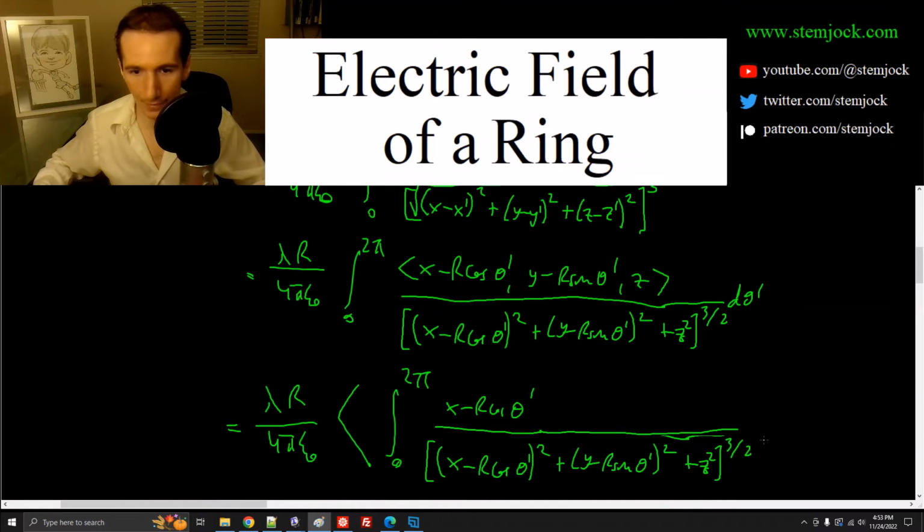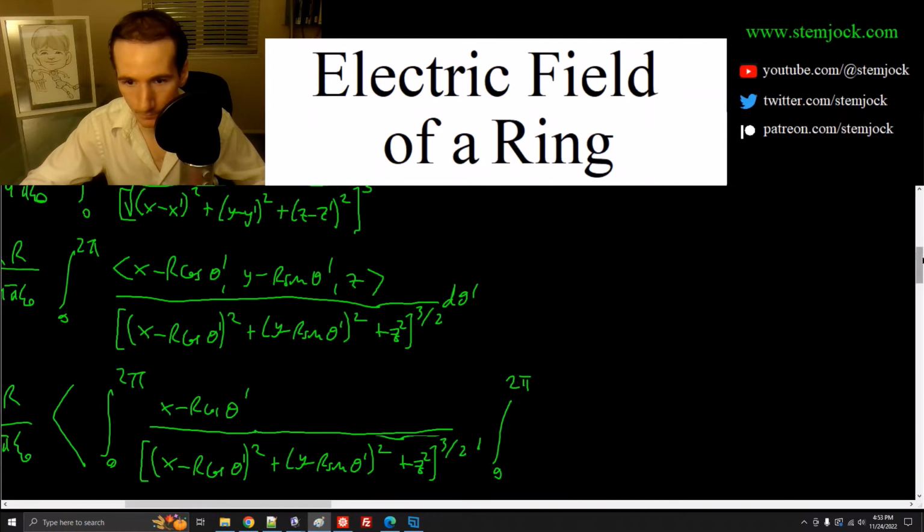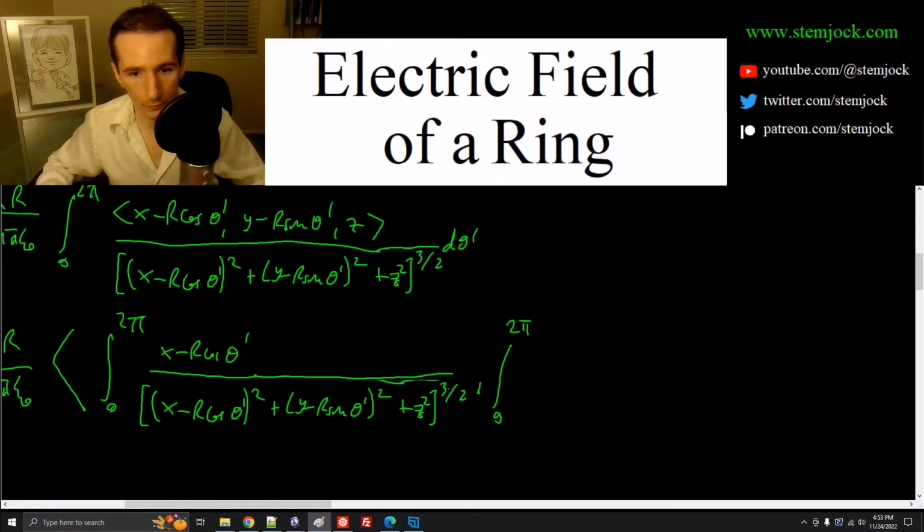All right, and now it's going to be the same thing for the y, but with y minus r sine theta prime in the numerator. Oh, and there's also a d theta prime out here.